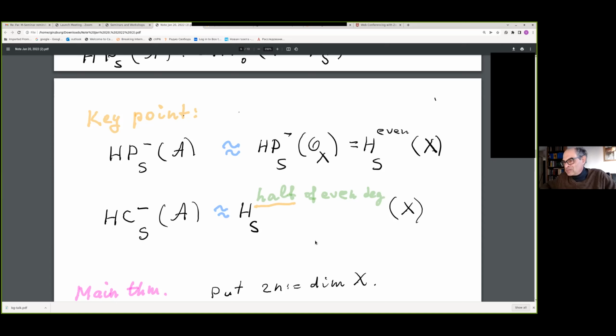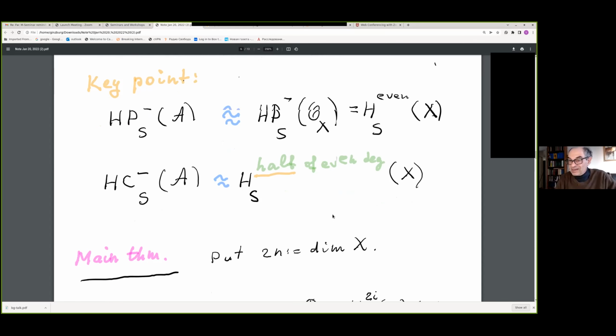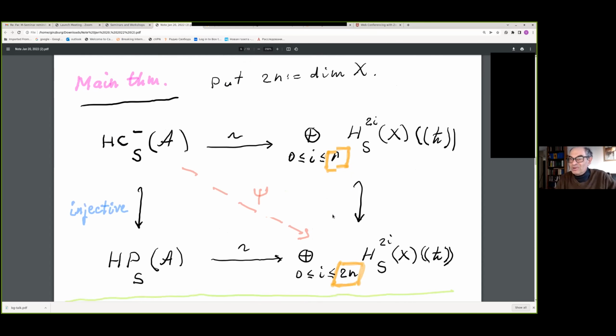Essentially, half of the degrees where the classical homology may be non-zero, they die. So say it again, half of even degrees of what? You'll see it. There's a main theorem, it's a big diagram.